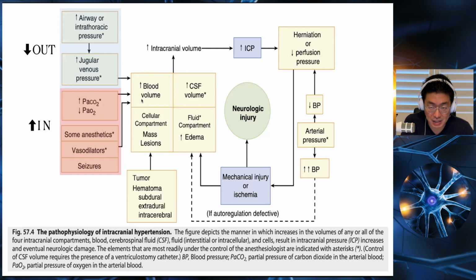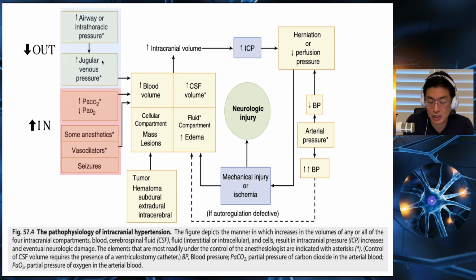What also affects blood volume is blood going out. So any obstruction to the venous drainage. So anything that increases airway or intrathoracic pressure, which increases your jugular venous pressure. And you can also think about other things that increase jugular venous pressure, such as ties around the neck as well.